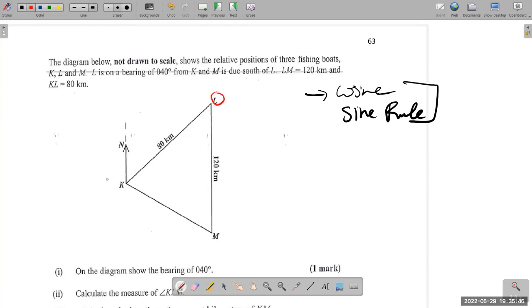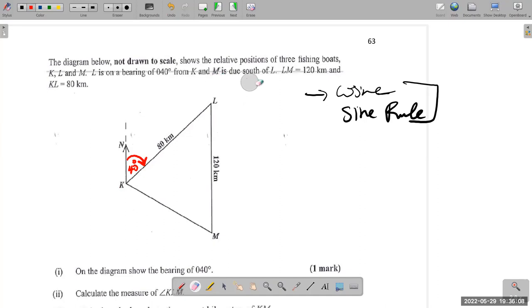L is on a bearing from K. So that means from here to here is what? 40 degrees. Everybody talk to me and make sure you understand what I just did there. So already I've got one angle in the picture that wasn't in the picture.